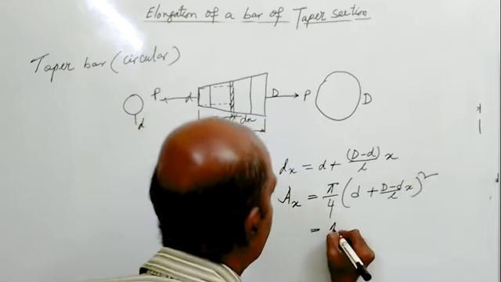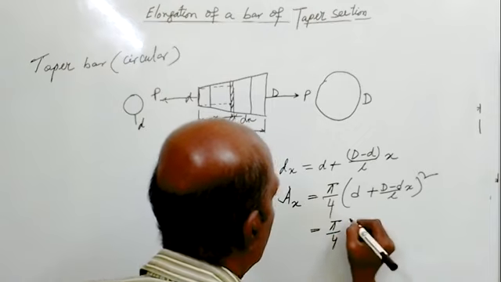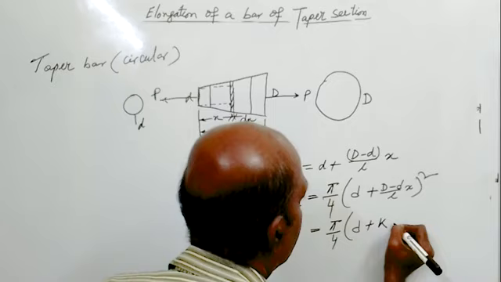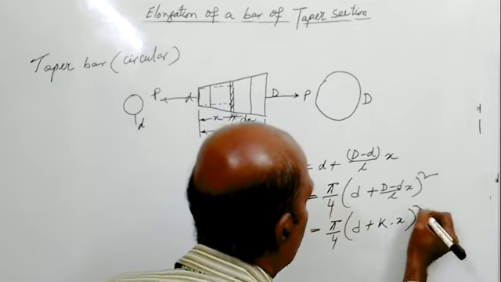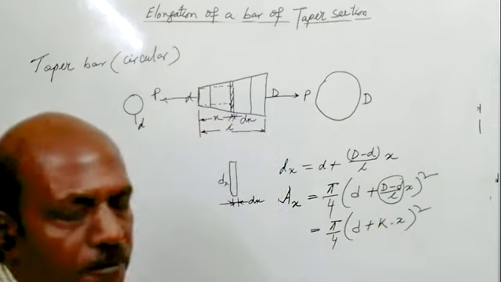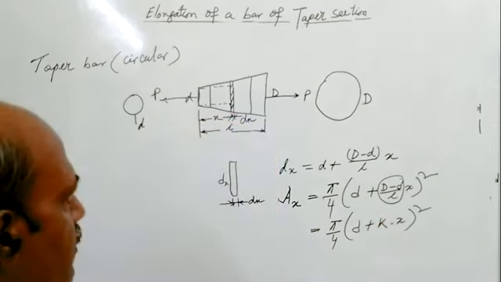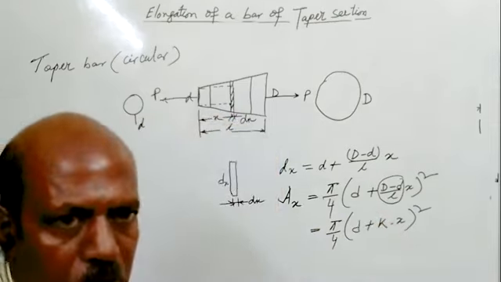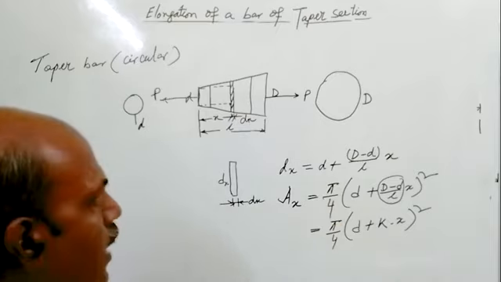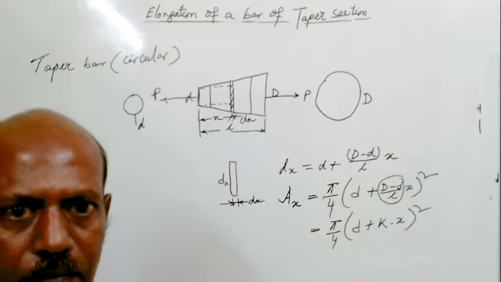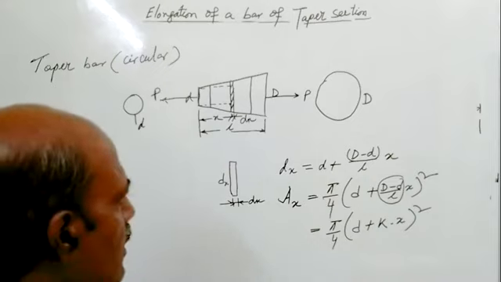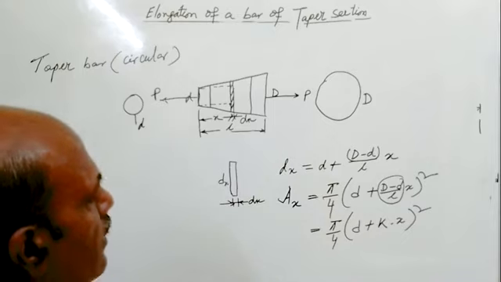So we can write pi by 4 into (d plus some constant into x) whole squared, because (D minus d) by L is a constant value for a given taper. For a given taper, small d and capital D are the diameters of the taper and the length of the taper bar is L. So (D minus d) by L is a constant, which we have taken as K.